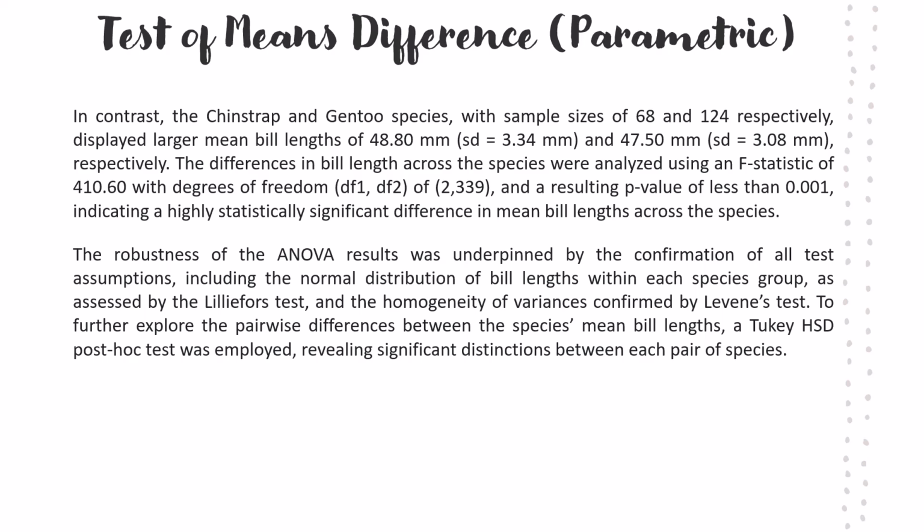Again, the same method, the same interpretation: the sample size for the second species, and then the mean, and also the standard deviation. The next one, we need to explain the differences of the bill length across the species.